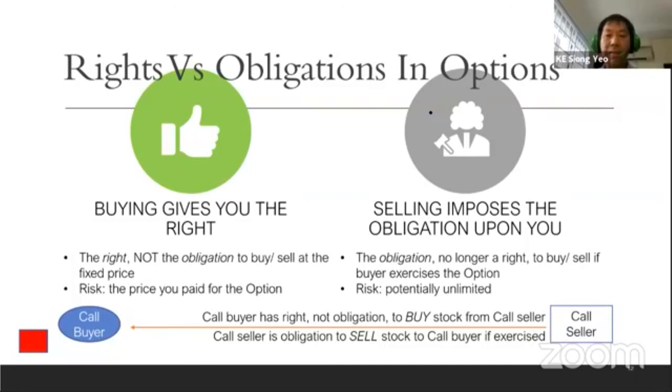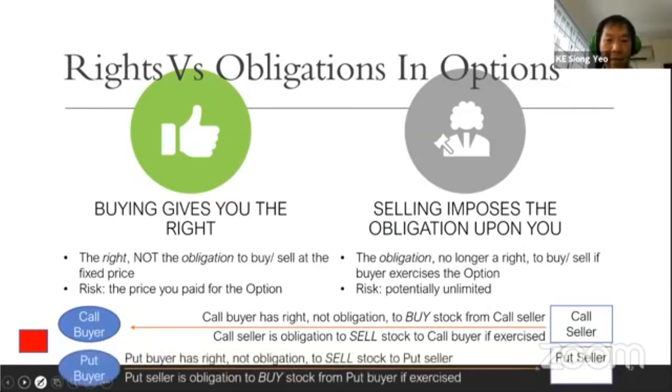So that's some of my risk management measures that I adopt given the current state of volatility.